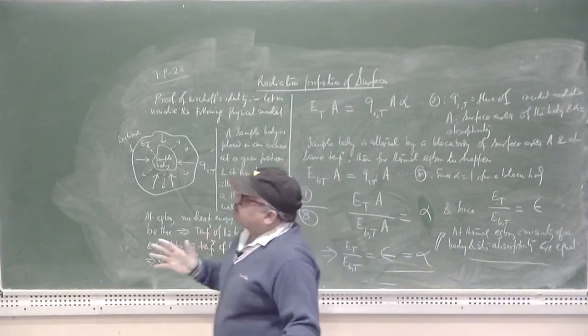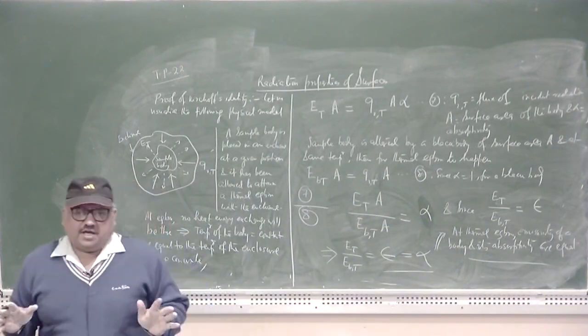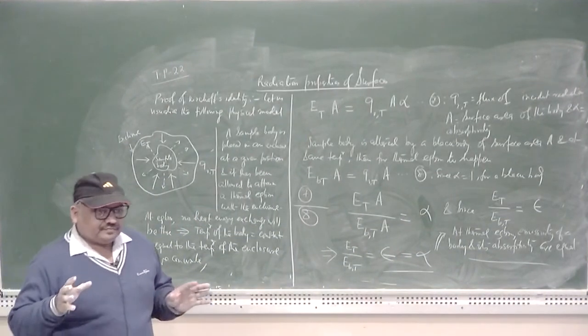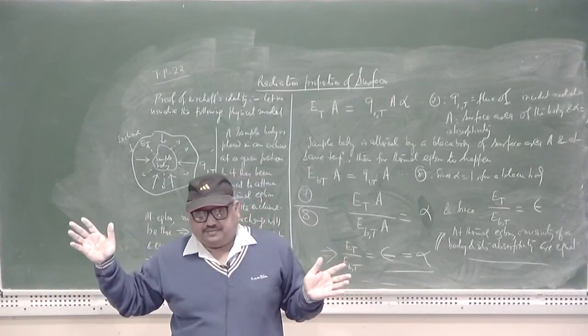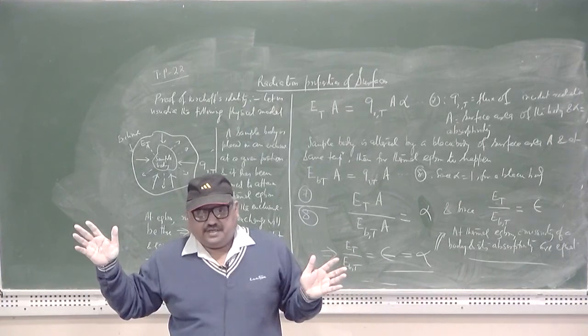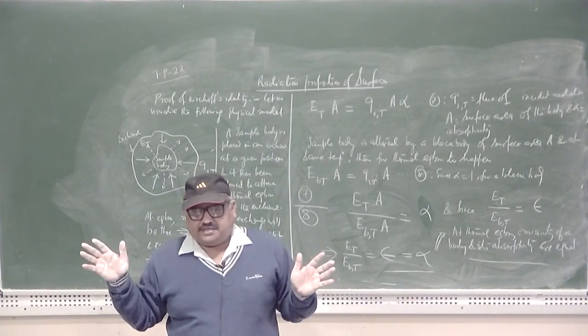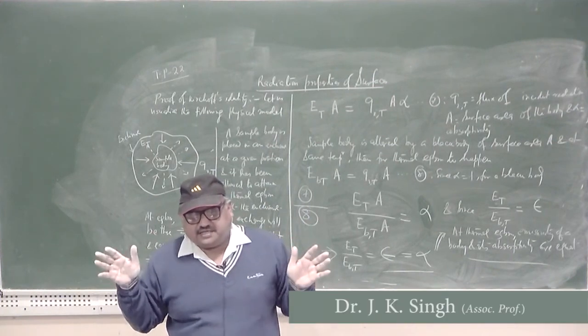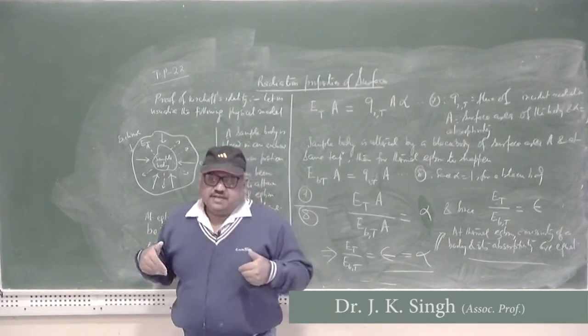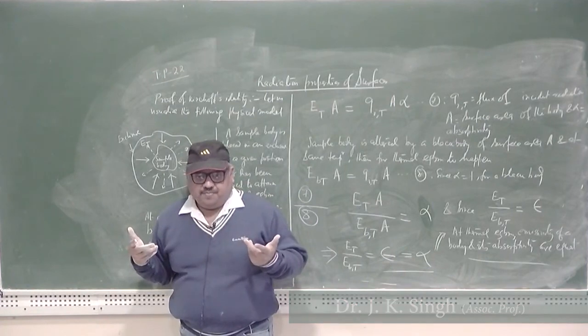In the next class, we are going to learn that depending upon the relative orientation of two spatial surface objects, the quantity of radiation energy received is going to change.